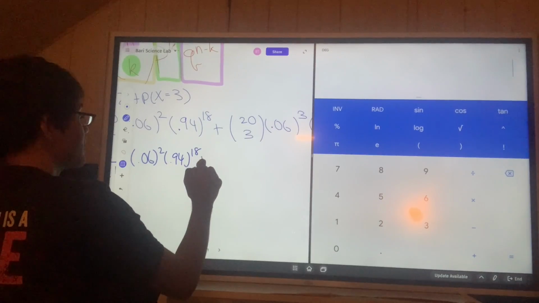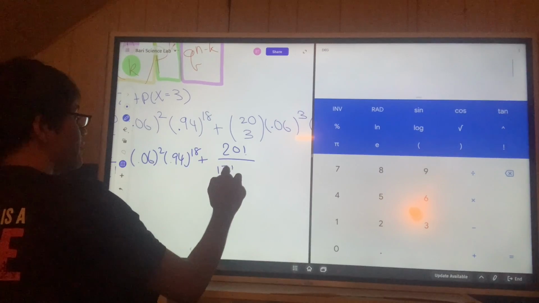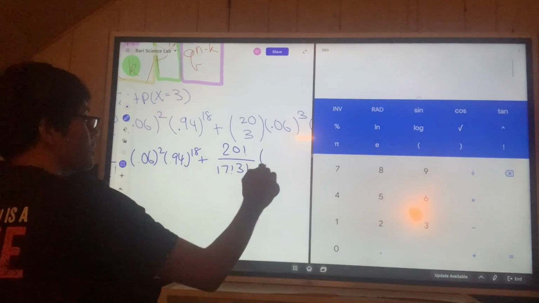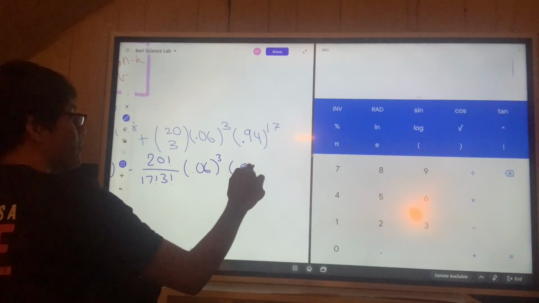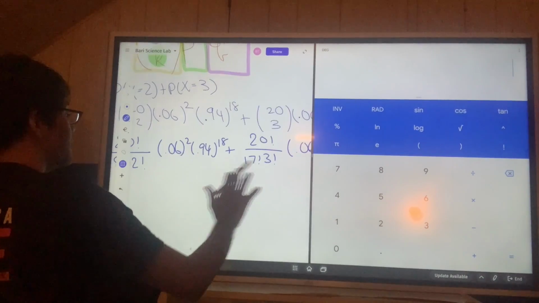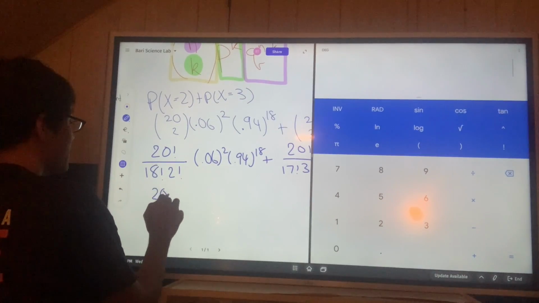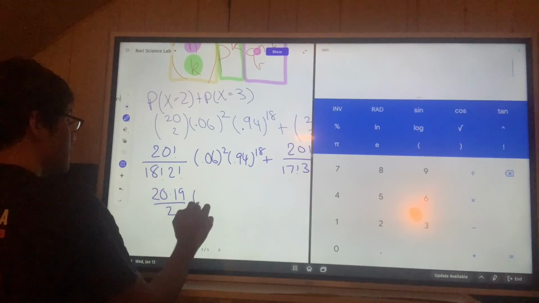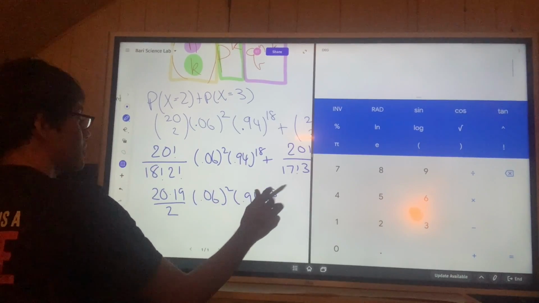Okay, likewise, let's perform the same computation here. 20 factorial over 17 factorial times 3 factorial, times 0.06 to the third power times 0.94 to the 17th. And so, can we figure this out? Well, what's that going to be? It's going to be 20 times 19 over 2 times 0.06 squared times 0.94 to the 18th.